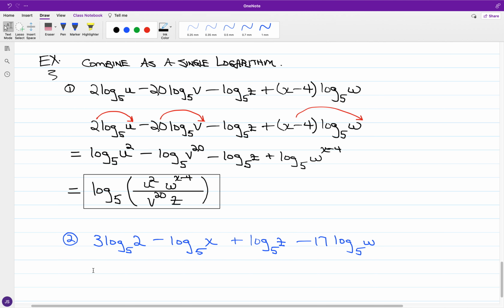Okay, so you have a couple of constants to adjust and make into exponents. So 3 is going to become a power, and 17 likewise.